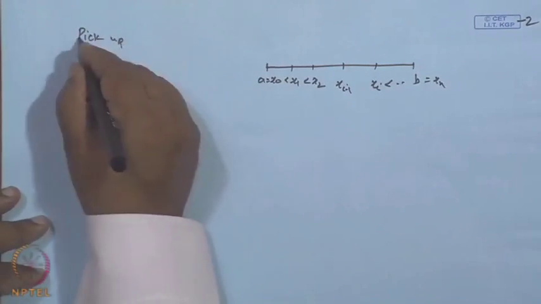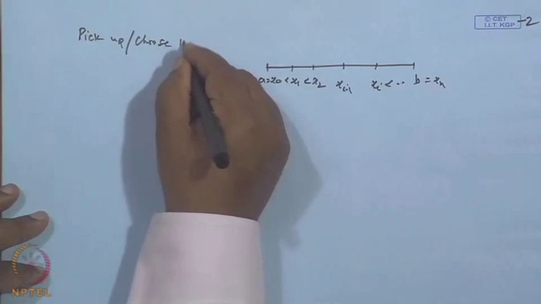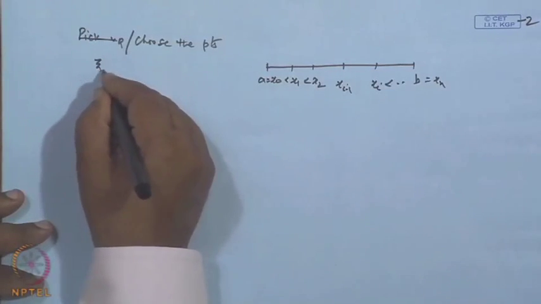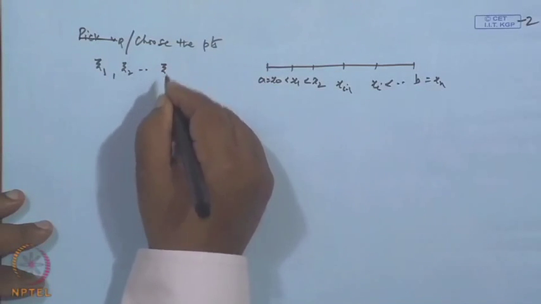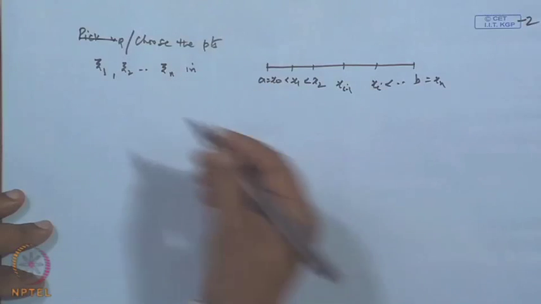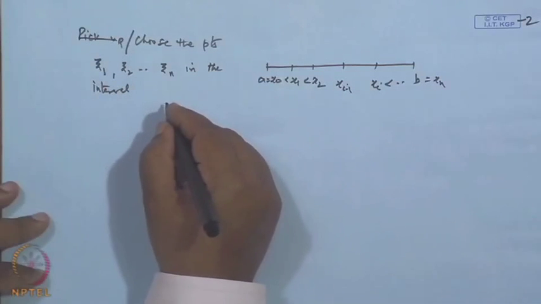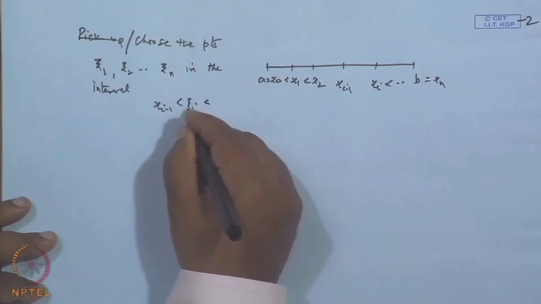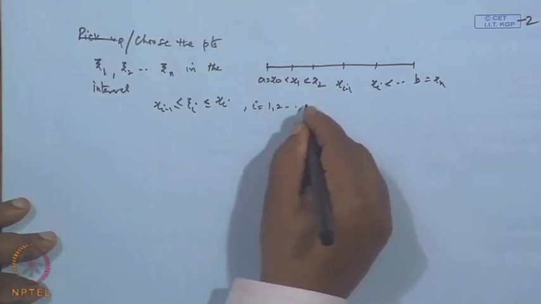Now, what we do is we choose the points, take xi1, xi2, up to xin in the intervals, say xi minus 1 less than xi and less than or equal to xi, where i is 1 up to n.